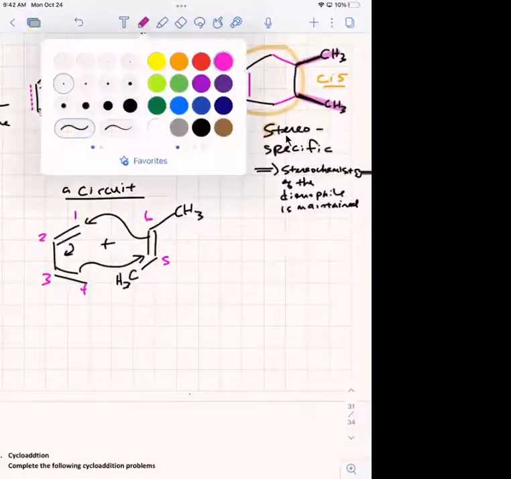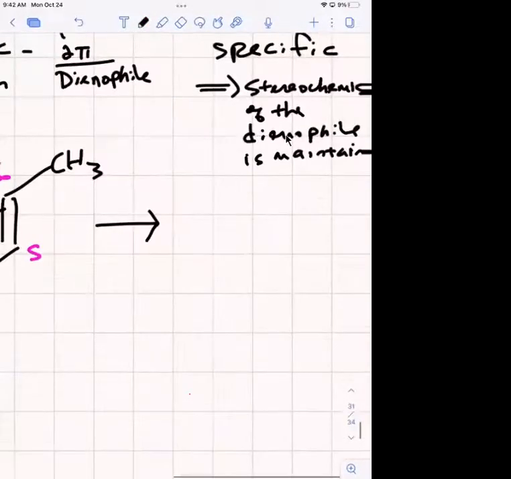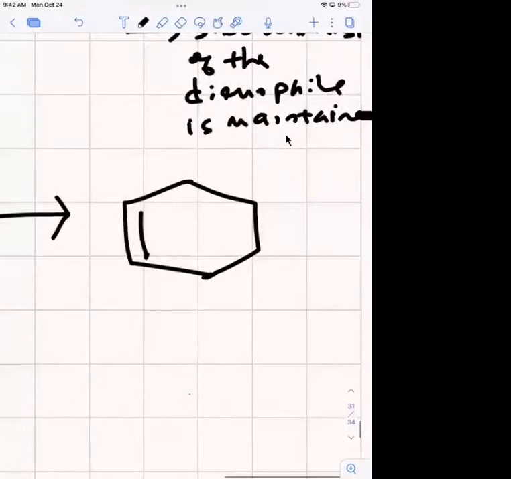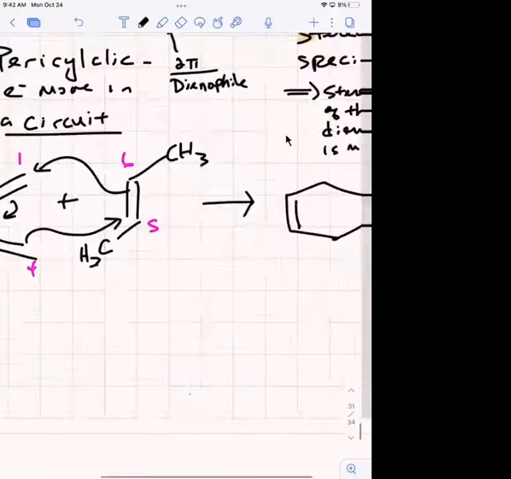So when I react those two together, I'm going to get a 6-membered ring like this. The alkene, the pi bond gets shifted here, but over here, these groups are trans because the alkene itself, well, the dienophile, is trans.